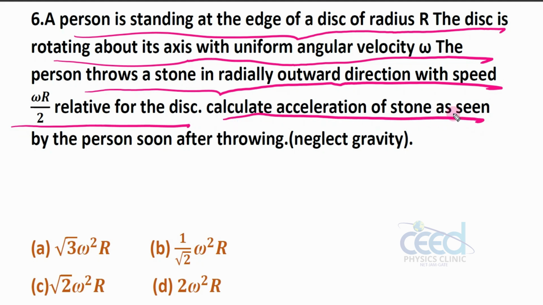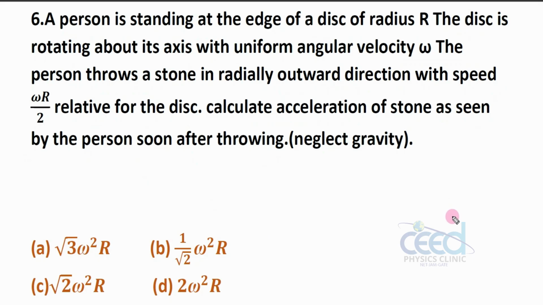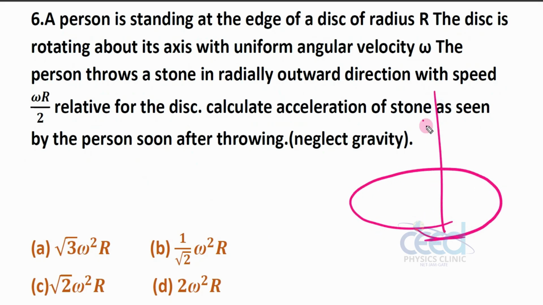Calculate the acceleration of the stone as seen by the person soon after throwing. See, the situation is one disk is there, and it is rotating also. At the end one person is there, and he is throwing one ball.